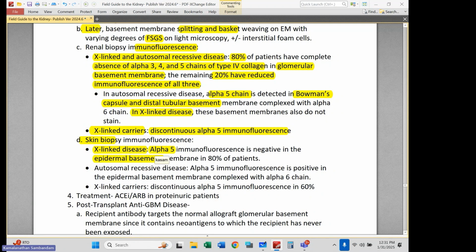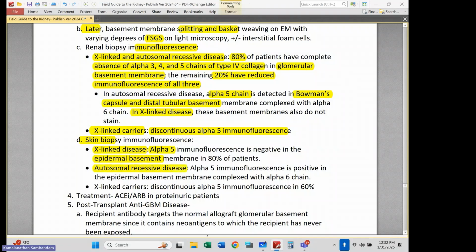If I have a young kid who has proteinuria and hematuria, and I think it's not IgA nephropathy but another possibility, Alport syndrome, I can make that diagnosis by doing a skin biopsy. I can also do genetic testing, but I can do it with this less invasive procedure as well.